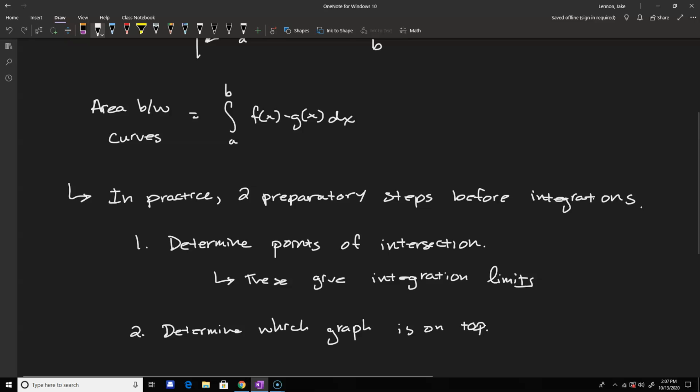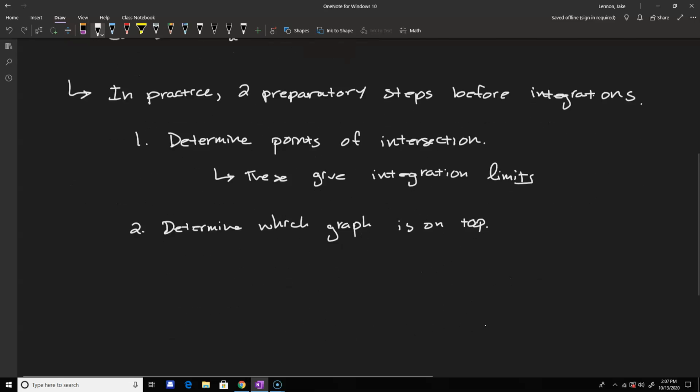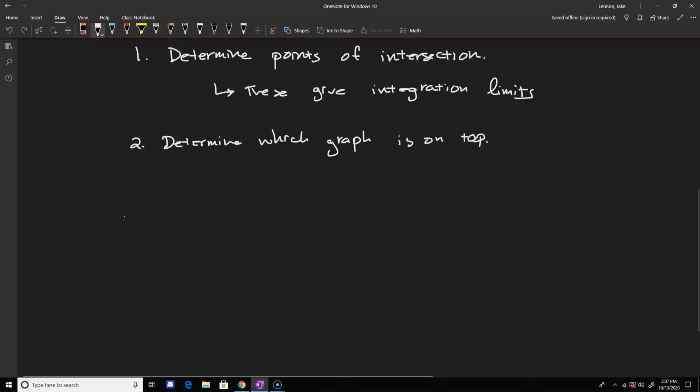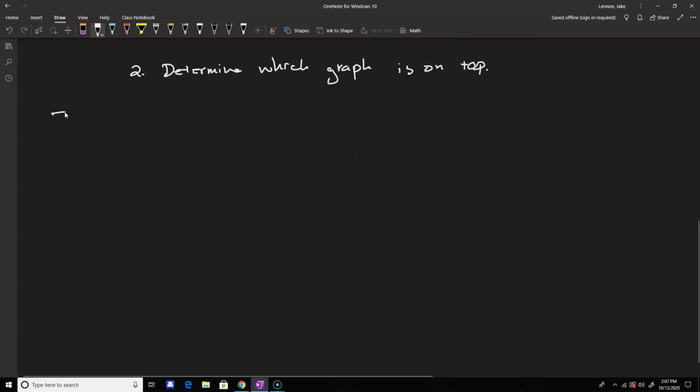So that's a way you can do it kind of without graphing. But we'll see through a number of examples how this works. And sometimes we may have a picture that looks slightly different where the curves don't necessarily intersect. We're just trying to find the area from two given x values. So we'll start off with one of those such examples.